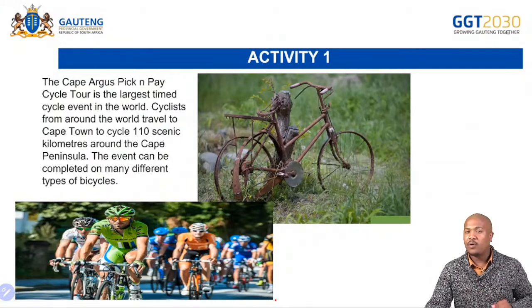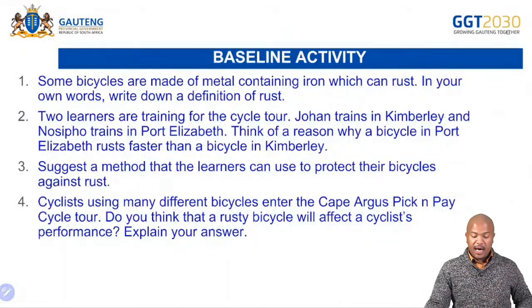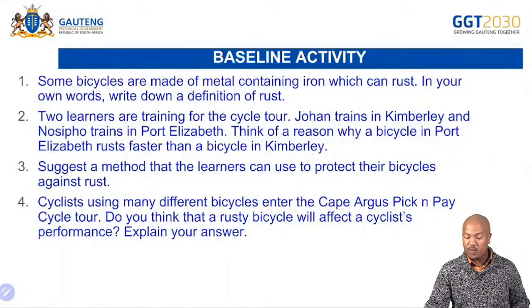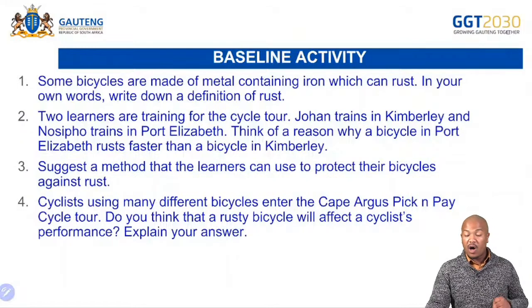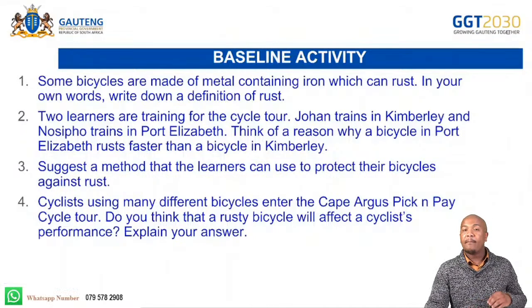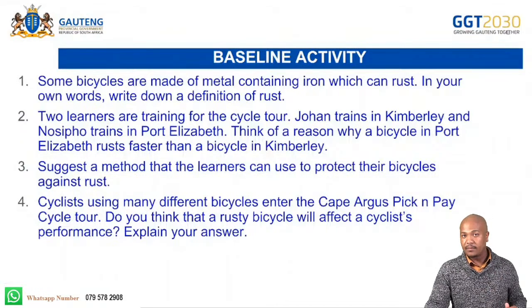So let's talk more about this activity. Let's look at the questions. Number 1: some bicycles are made up of metal containing iron which can rust. In your own words, write down a definition of rust. Number 2: two learners are training for the cycle tour. Johan trains in Kimberley and Nosipo trains in Port Elizabeth. Think of a reason why a bicycle in Port Elizabeth rusts faster than a bicycle in Kimberley.